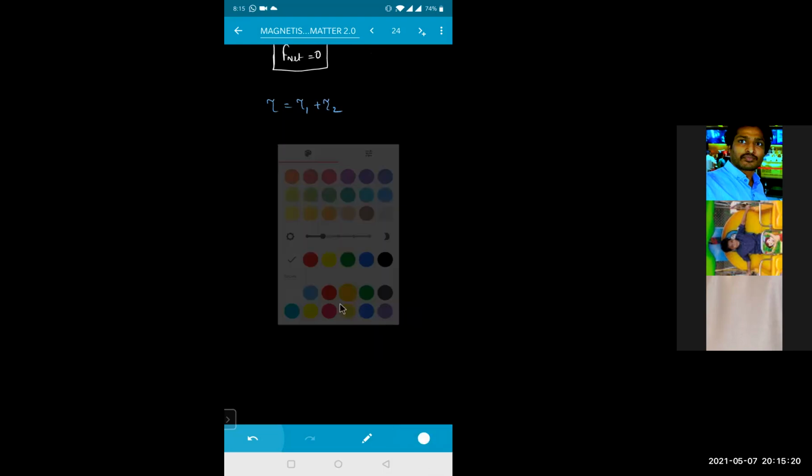So the net torque acting on that one can be written as tau net equal to tau 1 plus tau 2. Both of them are in which direction? Clockwise direction. So I can write here tau net equal to tau 1 plus tau 2.